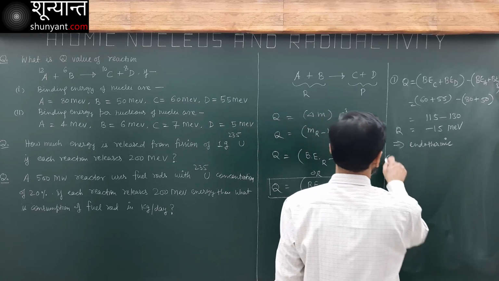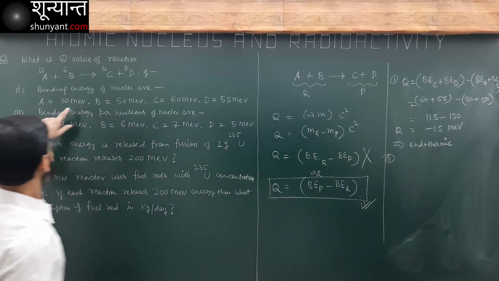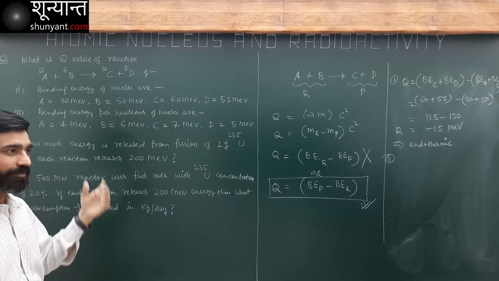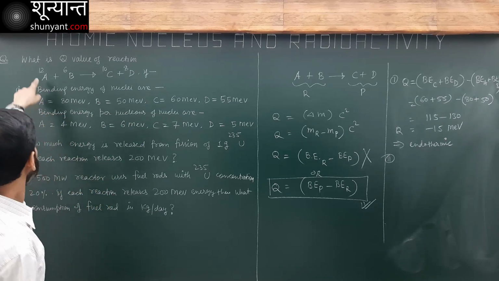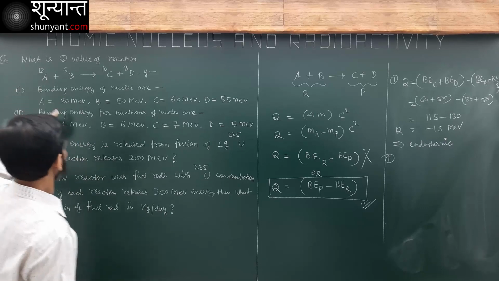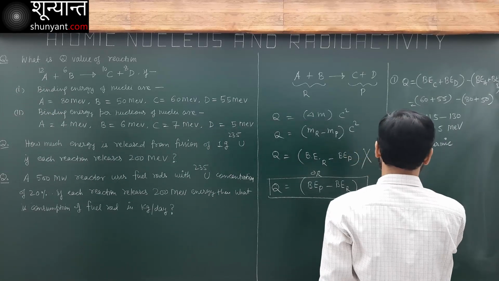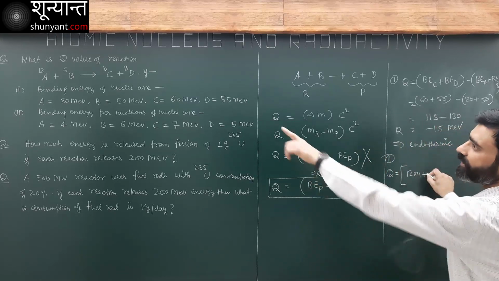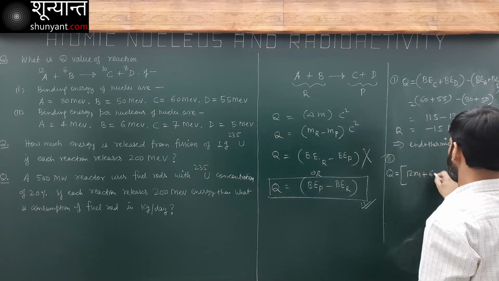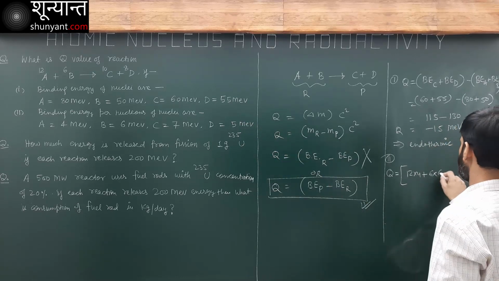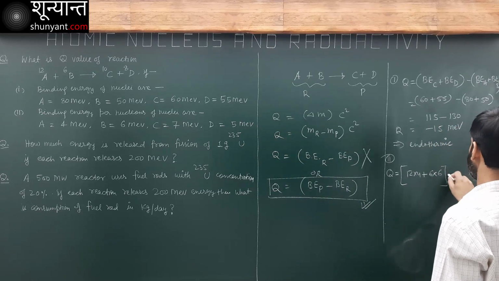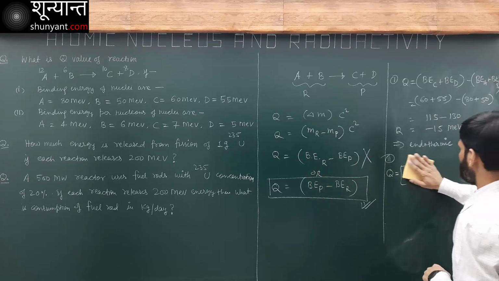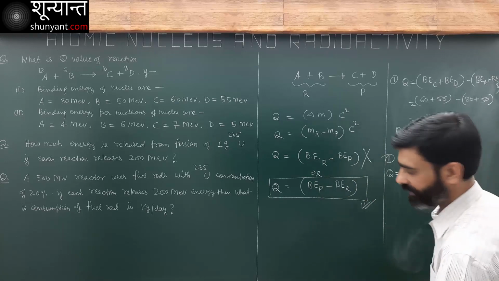Now second, here binding energy is not given, but binding energy per nucleon is given. So I can find binding energy. Product minus reactant.